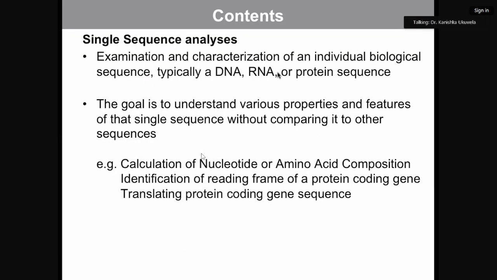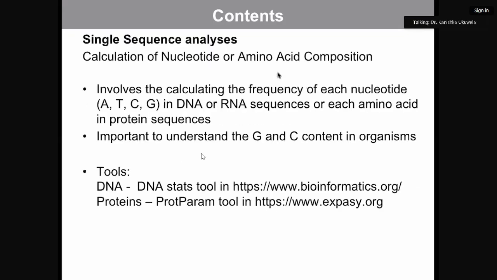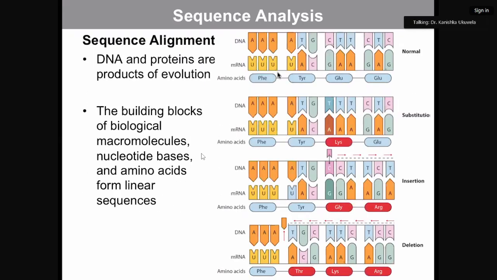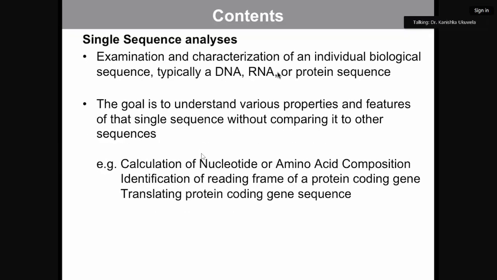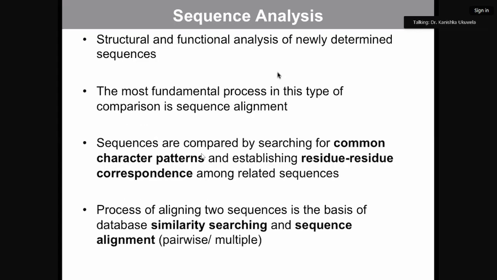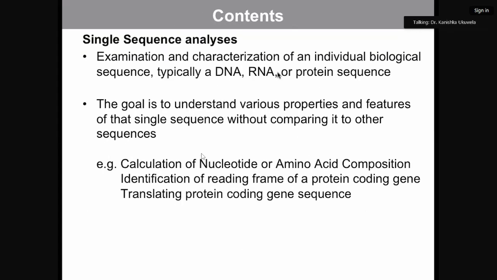Right. So let's look at single sequence analysis. Right. Single sequence analysis involves examination and characterization of an individual biological sequence. It can be either a DNA or an RNA sequence or even a protein sequence which consists of amino acids.